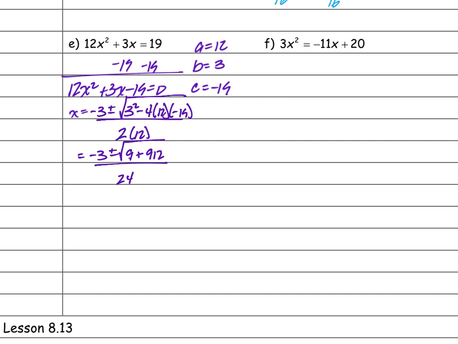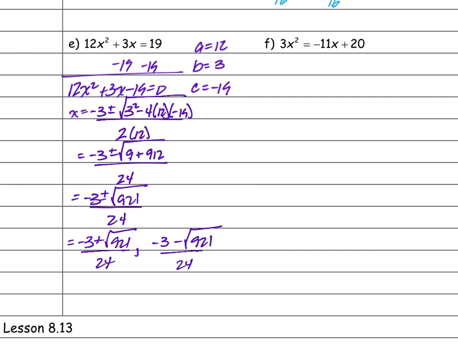I've got -3 plus or minus the square root of 921, which is not a perfect square. So that means I've got -3 plus the square root of 921 divided by 24, and -3 minus the square root of 921 divided by 24. For some reason, I divided by 36.